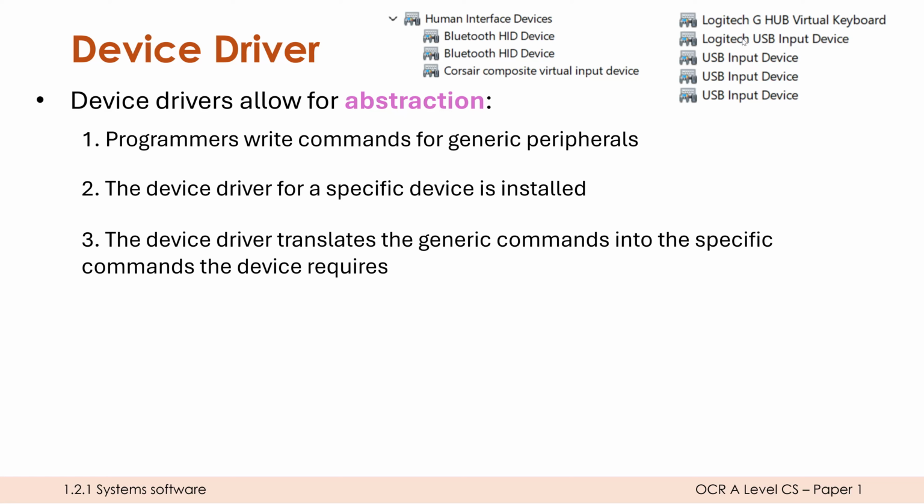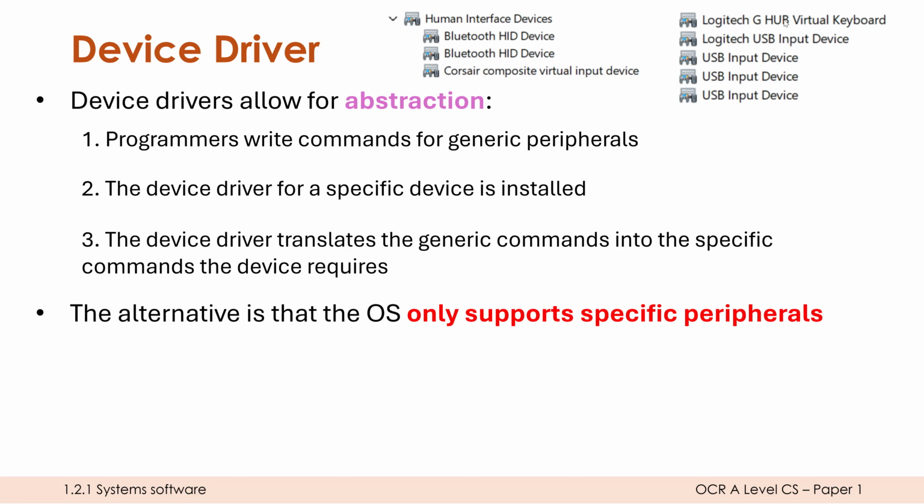They're a little bit more complicated. So perhaps those devices needed some specific code so they could communicate with my OS. Therefore, when I plugged in my keyboard, it installed this specific Corsair driver to allow my keyboard to communicate with Windows.